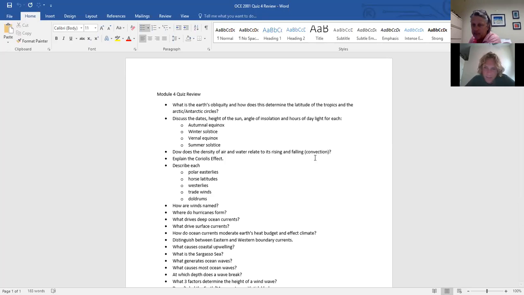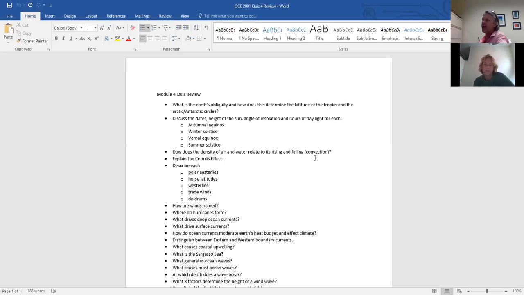Is it the uneven shape of it? That's close. That's oblate, the uneven shape. So they both begin with O. The oblate spheroid is the uneven shape of Earth, but the obliquity is our axial tilt.